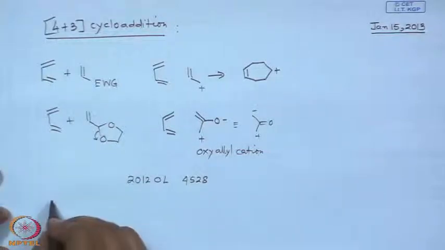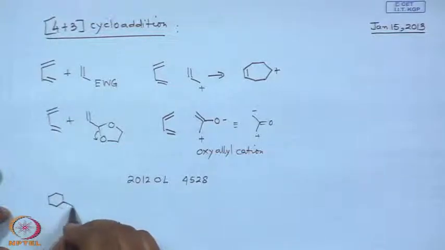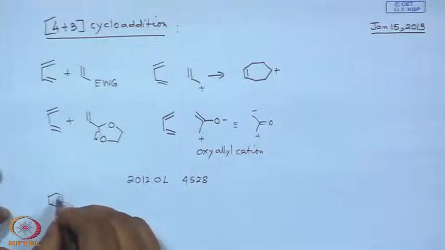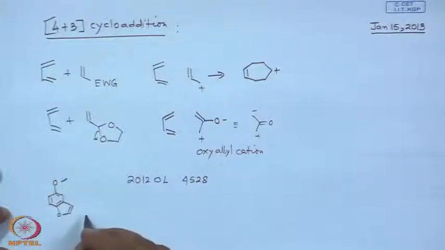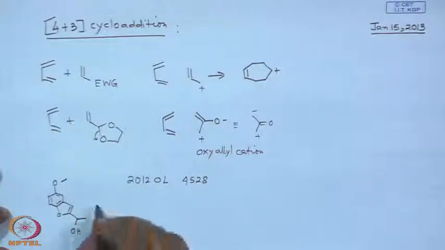What is there? Here you have a benzofuran in this case, and you see this mechanistically is very simple. Mechanistically very simple is benzofuran, all of you can write, and then you have an alcoholic OH group and a methyl group here.